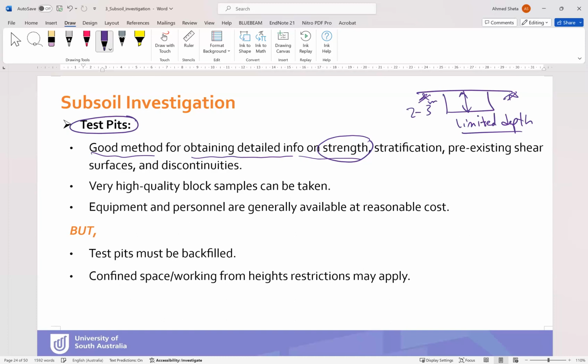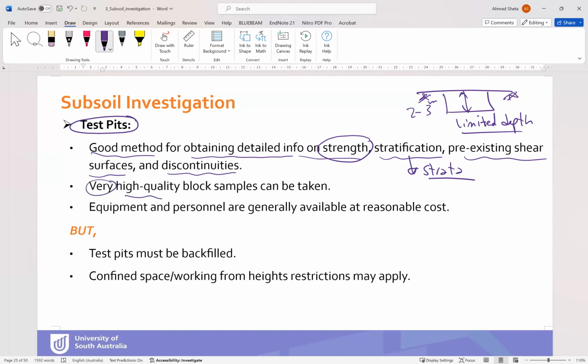And we will also get information about the stratification, or the strata of the soil, and pre-existing shear surfaces and discontinuities of the soil. So if there is any discontinuity in the layer, it will be shown in the test pit.